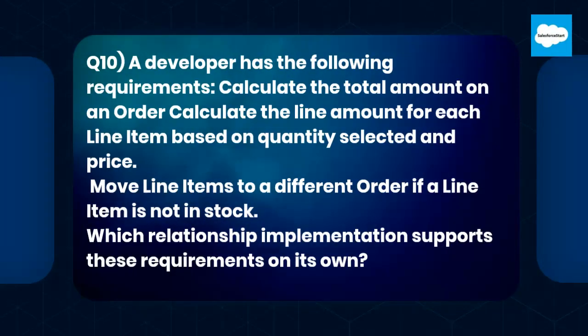Q10. A developer has the following requirements: calculate the total amount on an order, calculate the line amount for each line item based on quantity selected and price, and move line items to a different order if a line item is not in stock. Which relationship implementation supports these requirements on its own?